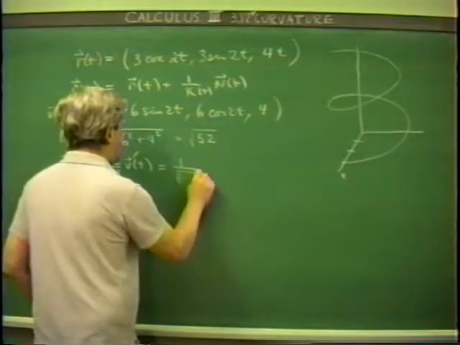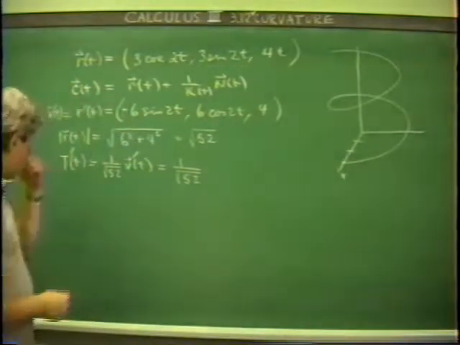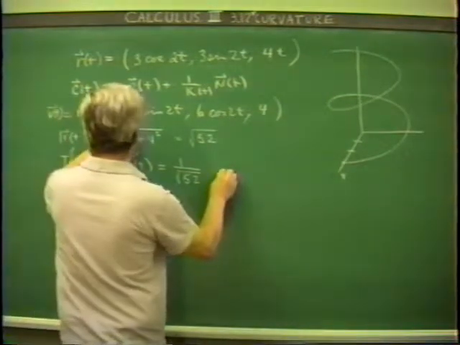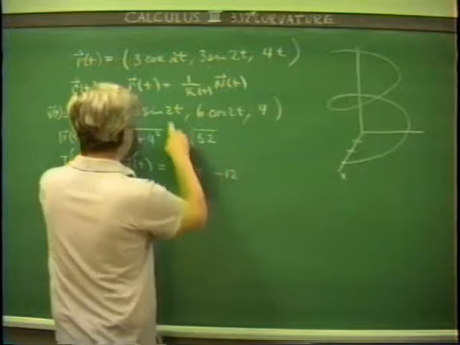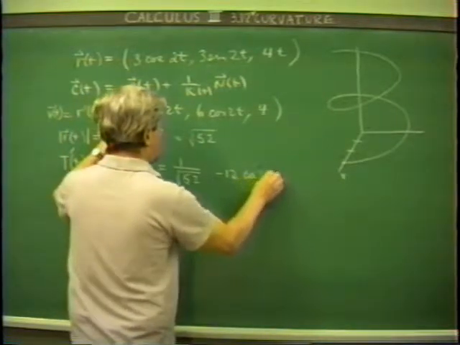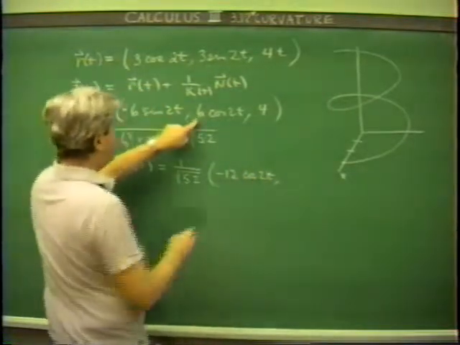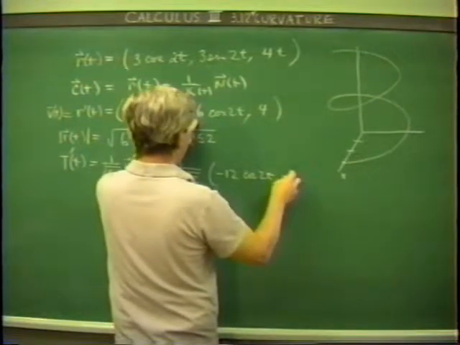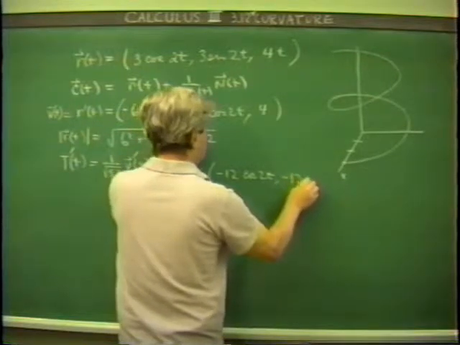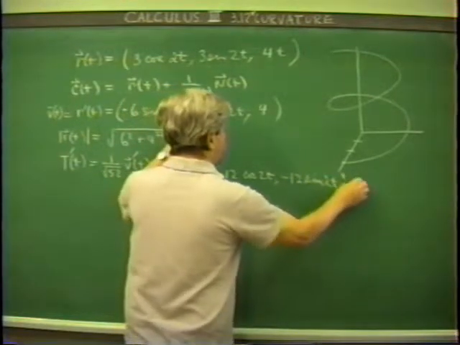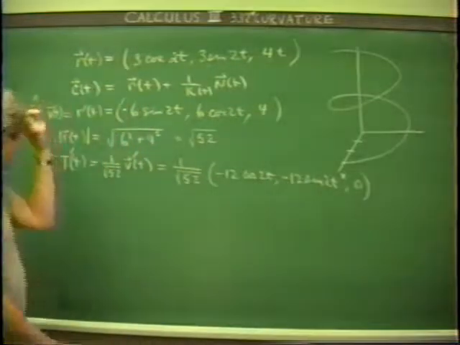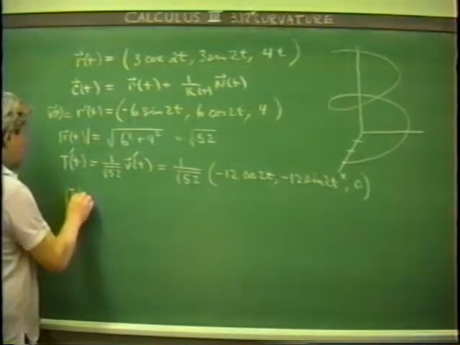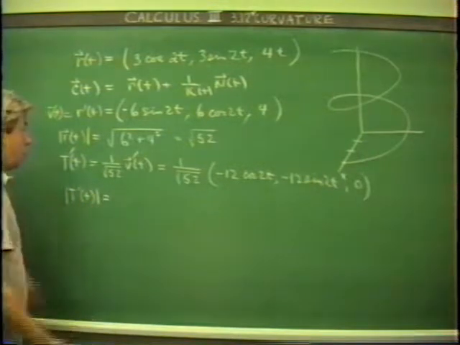So t prime of t is what we get if we compute the derivative of v of t here and multiply by 1 over square root 52. That's minus 12 cosine 2t, minus 12 sine 2t, and 0.